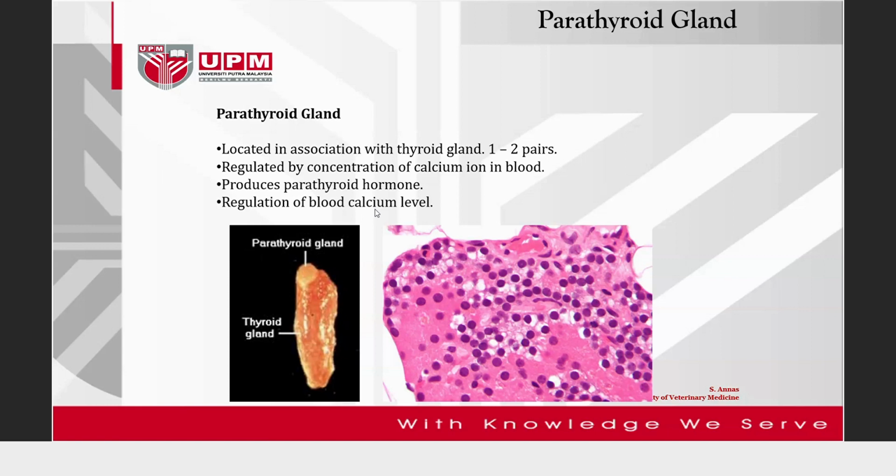The parathyroid hormone is produced by the chief cell in the gland.